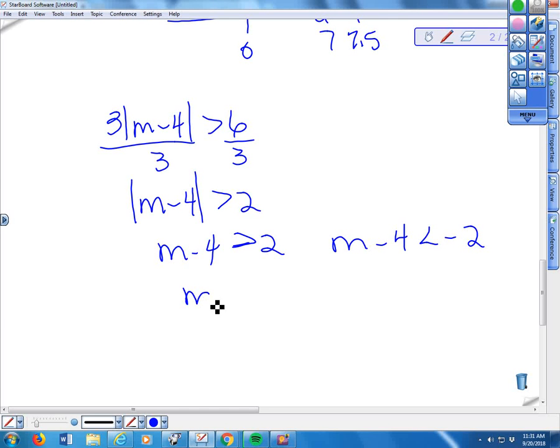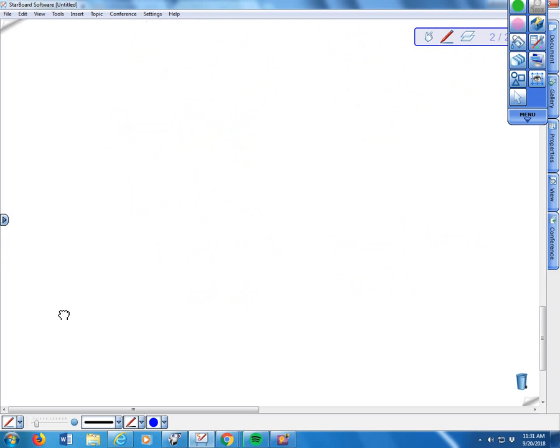So m is greater than 6 and m is less than 2. So that would be B. Less than 2, greater than 6. Number 17.